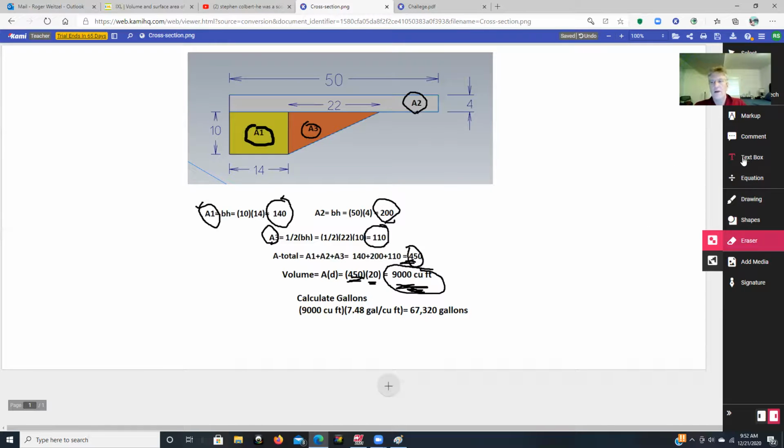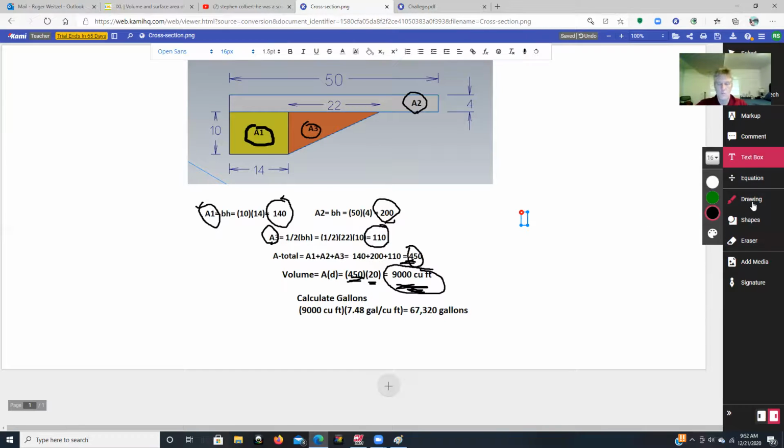Now the conversion factor is that, which one do you think is bigger, a cubic foot or a gallon? Well, as it turns out, a cubic foot is much larger than a gallon because 1 cubic foot is equal to 7.48 gallons.